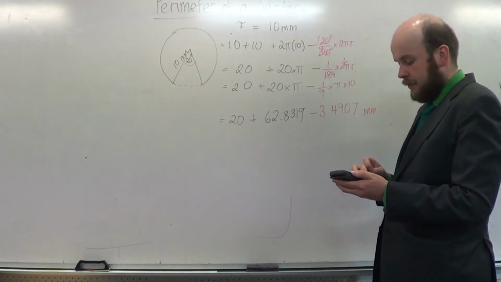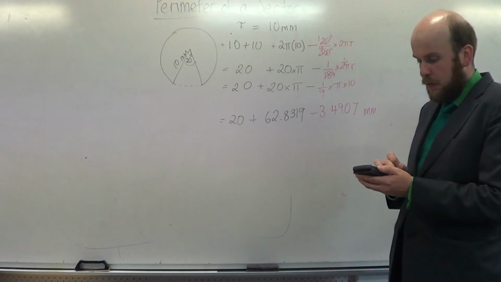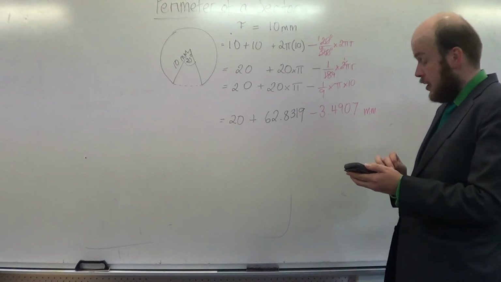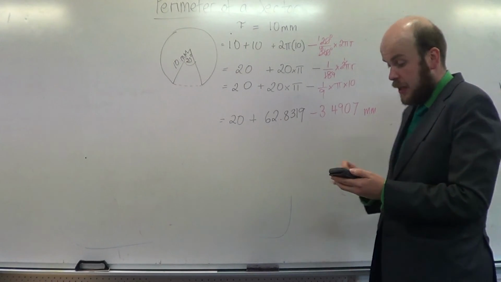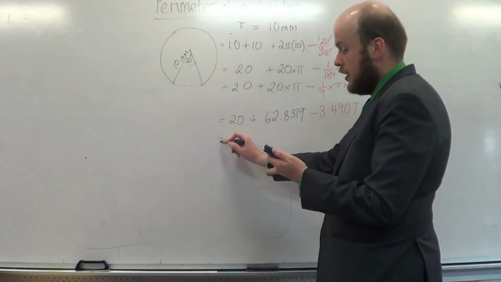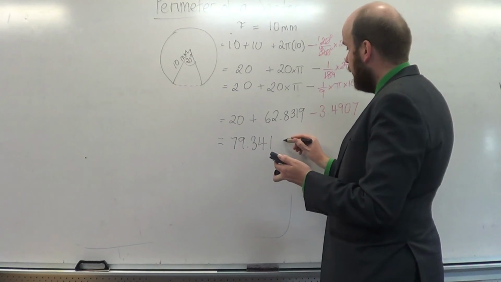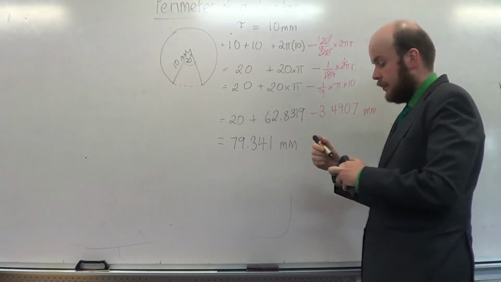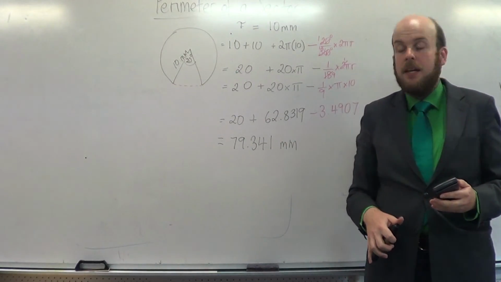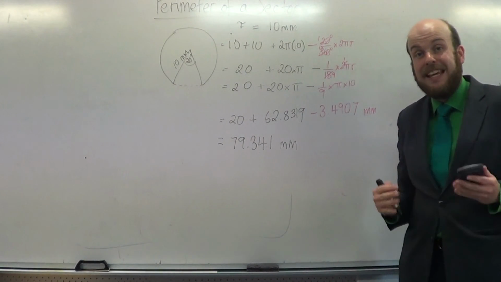So plus 20, and I'm going to take away this number here, 3.4907. And what I get is a total circumference there of 79.341 millimeters. Remembering, of course, what our measurements were. And there we are. There is the perimeter of everything except a sector.